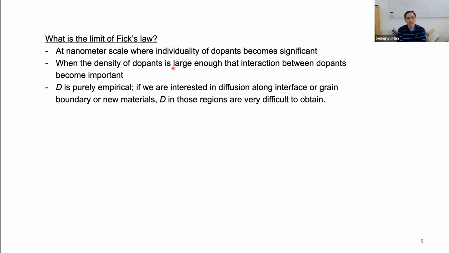And lastly, the diffusion coefficient is purely empirical. For usual materials, it is well known. However, if you are interested in diffusion along an interface or grain boundaries, or sometimes you want to study new materials, then every time you have to measure the diffusion coefficient, which is not an easy job.